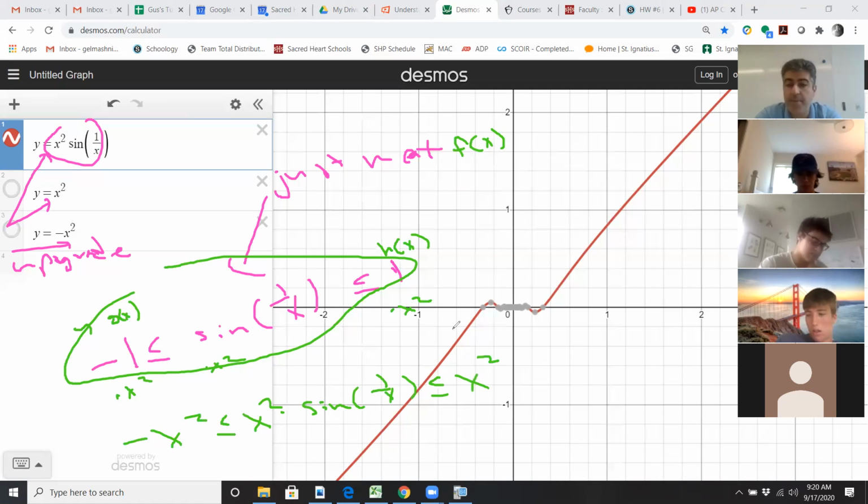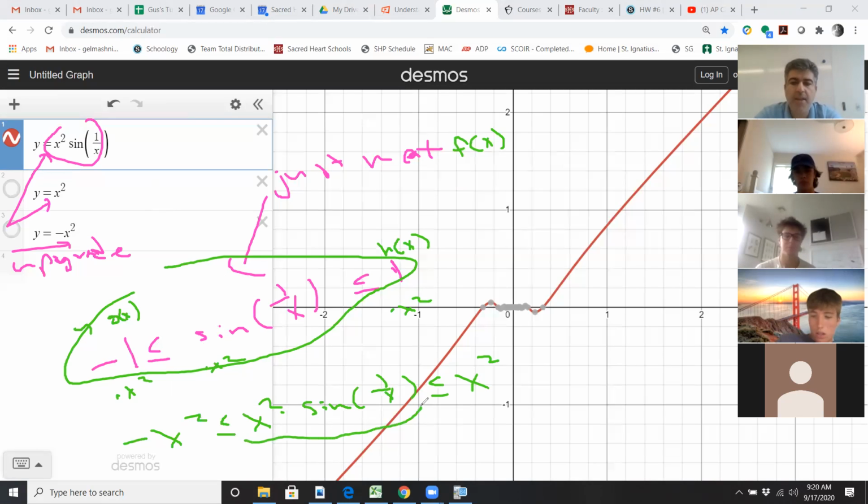This is still a true statement because we know this was true graphically. -1 is less than or equal to sine 1 over x, which is less than or equal to 1. And by multiplying by x squared, fine. So now I get the expression I really want to work with.